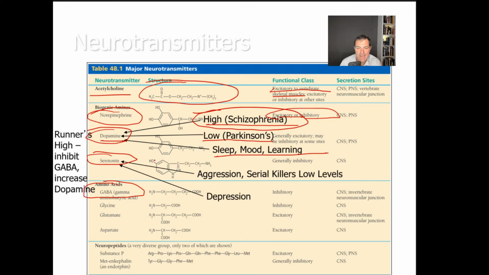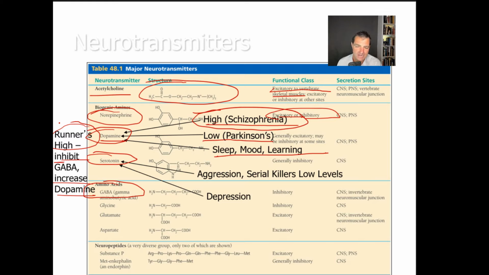And many times what ends up happening is it's the relative ratio of something. So for example, when you exercise, it tends to lead to an inhibition of GABA, but an increase in dopamine, and that combination is often referred to as what people call the runner's high.